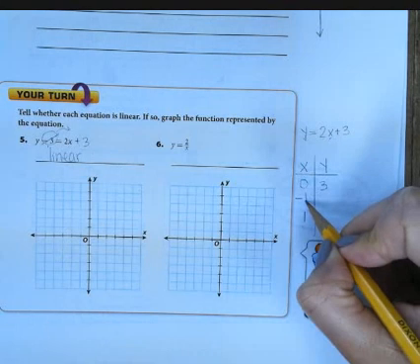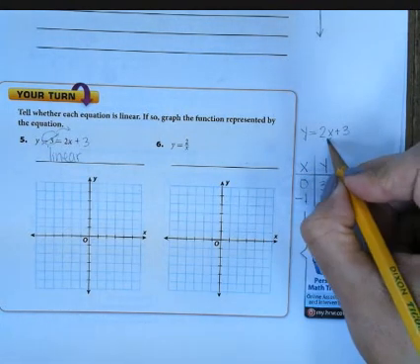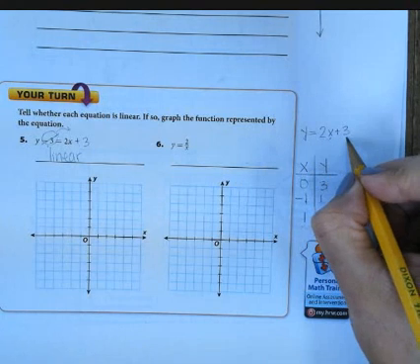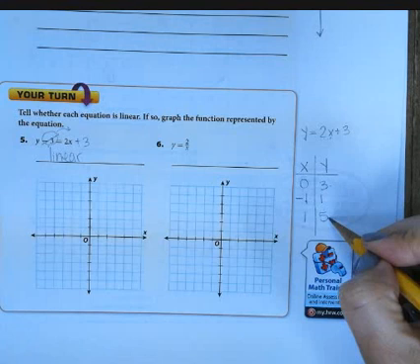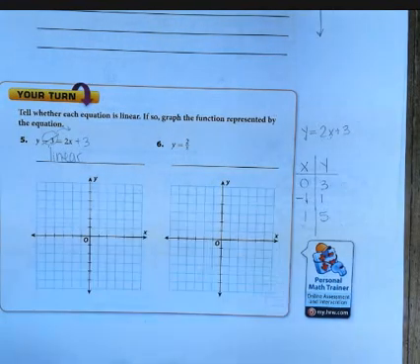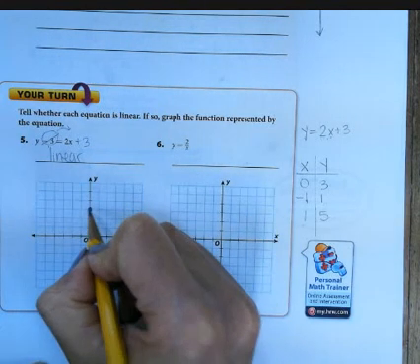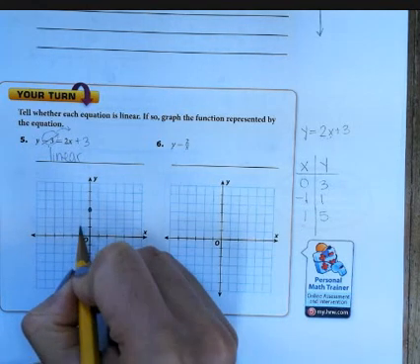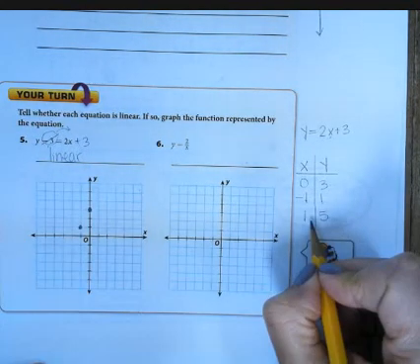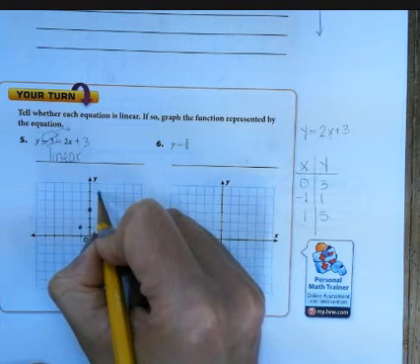Now we can plot these points on this graph just to confirm that our line is going to be linear. We have 0, positive 3, so we plot that point here. Negative 1 and positive 1, we go right here. And our last point is 1 and positive 5, so it's right over here. You see that that does form a straight line, so we can put a line through our points and add our arrows.